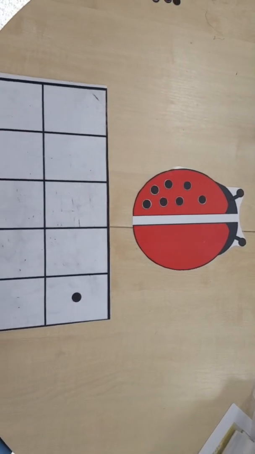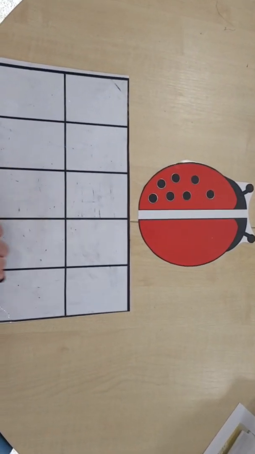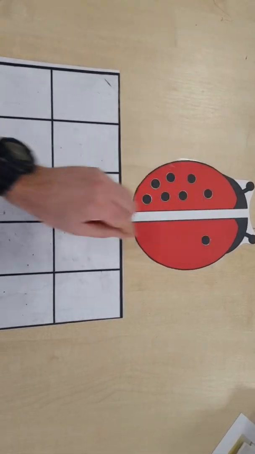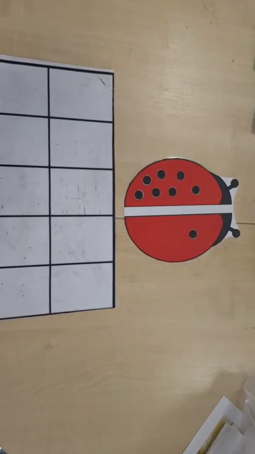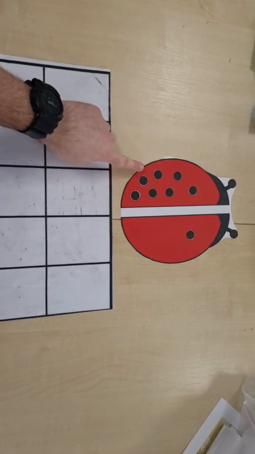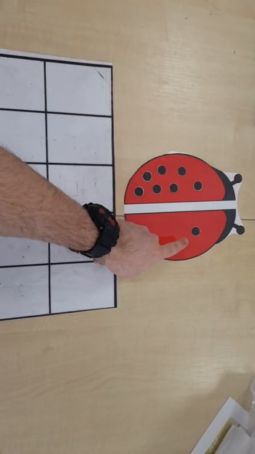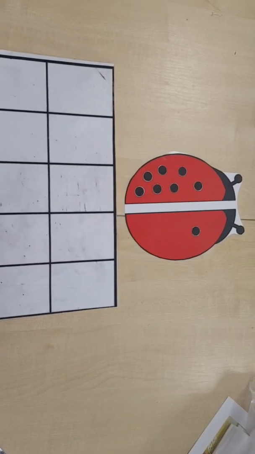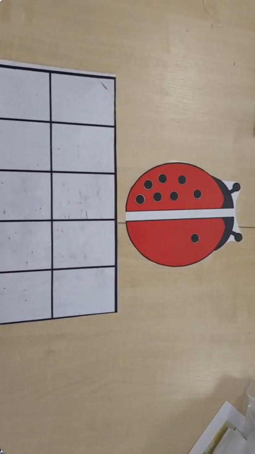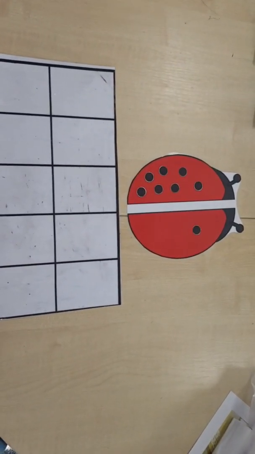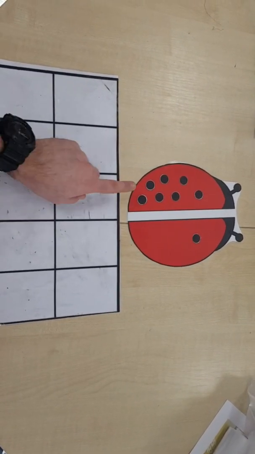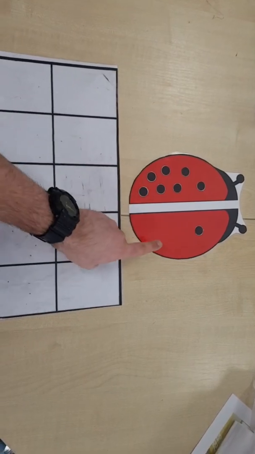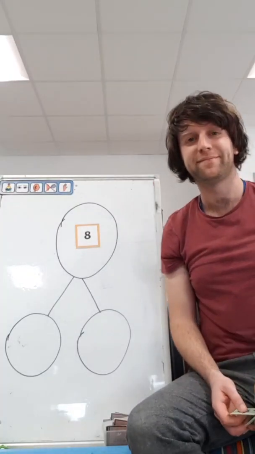I'm going to put 7 spots on that side, and I think I will put 1 spot on that side. So we have 7 is a part, 1 is a part, but how many spots altogether does the ladybird have? That's right, she has 8 altogether. 7 is a part, 1 is a part. Okay.